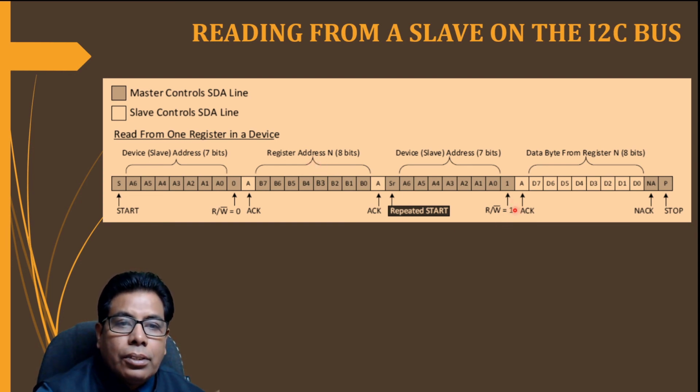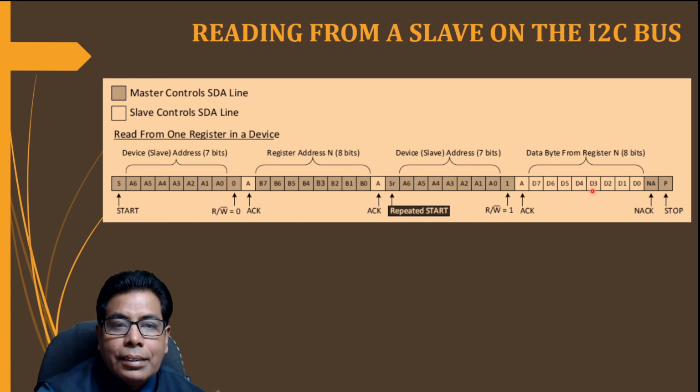So now here the slave will give the acknowledgement for this address, and then it will send the data byte. So this will come on the SDA line. Only the master will supply the clock pulse.